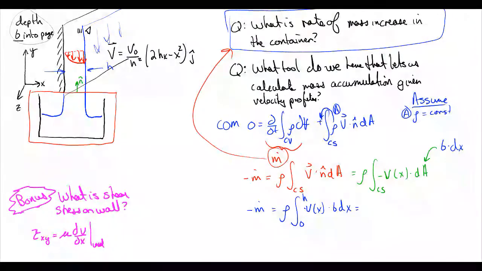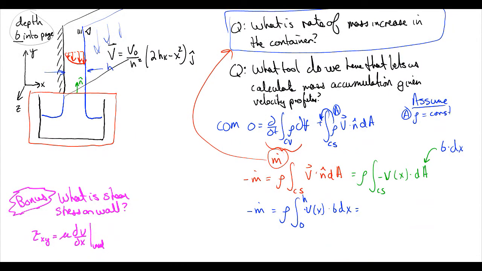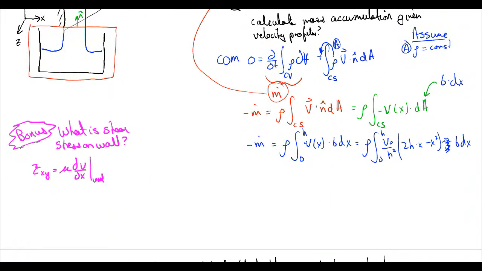If we rewrite this again, it is equal to rho times the integral from 0 to h of v naught over h squared times (2hx minus x squared) j hat. Well, we've taken the dot product, so the vector goes away. And then b dx. We can do this integral. This integral is really easy.